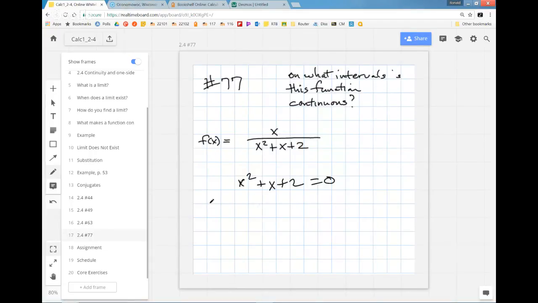You could either use the quadratic formula or try factoring. This one does not factor. So we could use the quadratic formula, x equals minus b plus or minus the square root of b squared minus 4ac all over 2a. You could certainly do that, and then you'd know. All right.